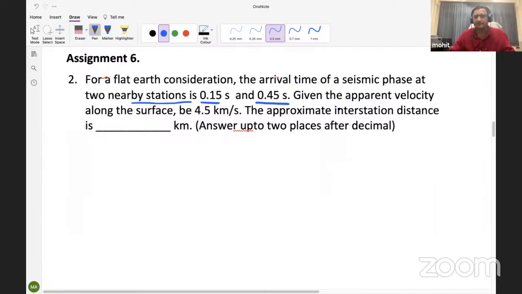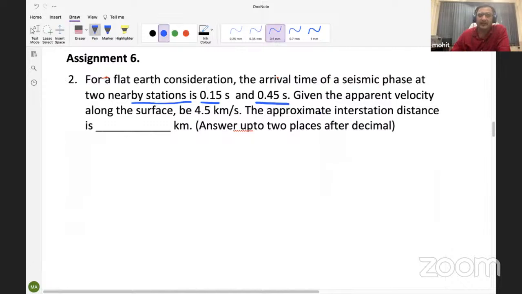So, given the apparent velocity along the surface be 4.5 kilometer per second, the approximate interstation distance. So we are required to find out the interstation distance.